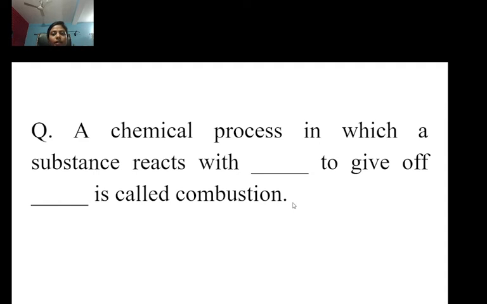Yes, quickly respond, students. Don't be lazy. So, a chemical process in which a substance reacts with oxygen to give off heat is called combustion.